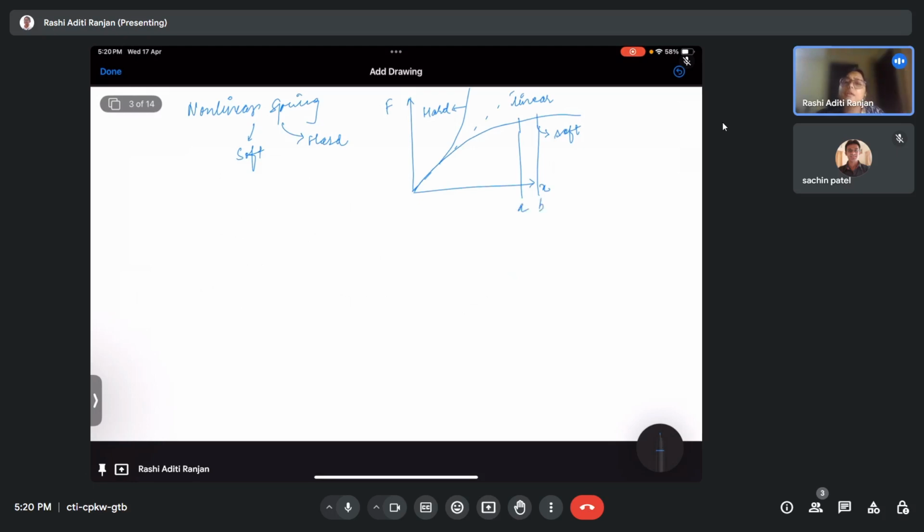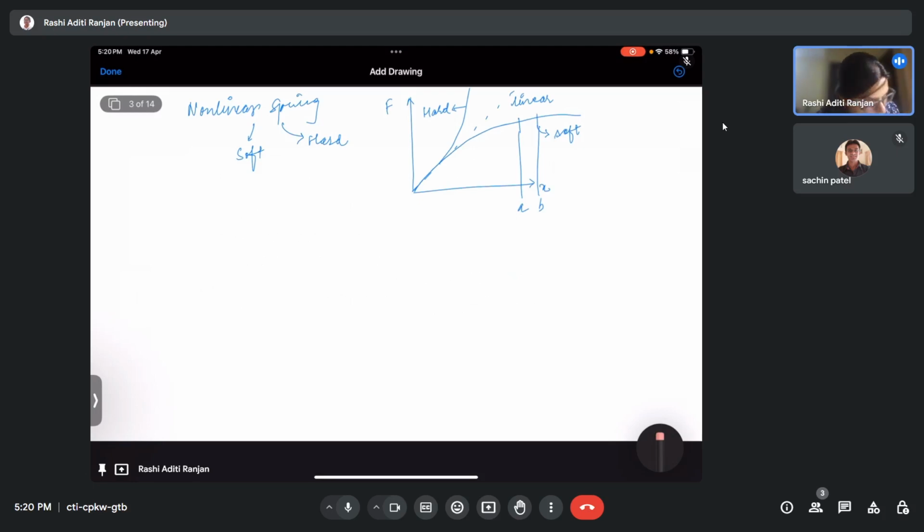That is why we call it a soft spring, because with the increase of x, the force required to further increase the deformation is actually less. In case of the hard spring, the opposite is true: with the increase of x, the force required for further deformation increases very abruptly, because you can see that the curve tends to go to a slope of infinity, right?